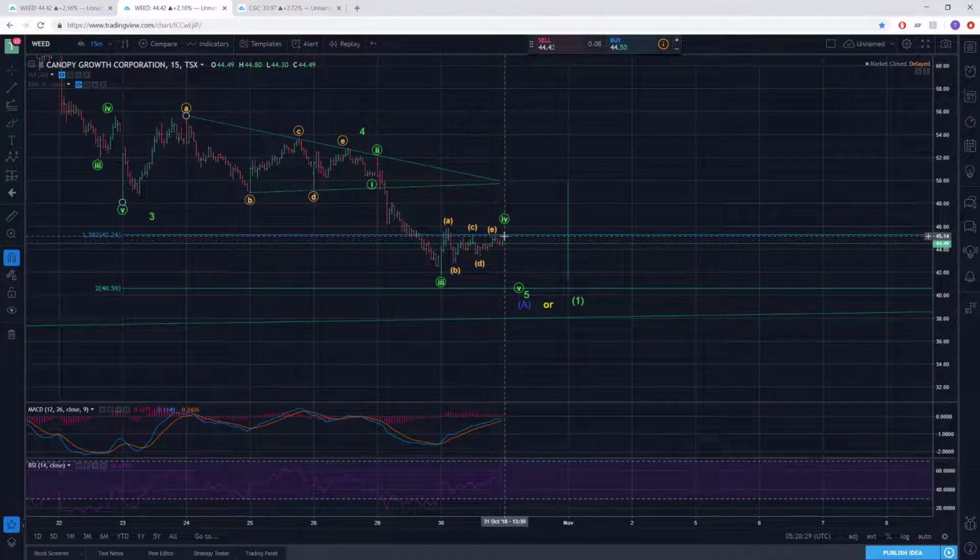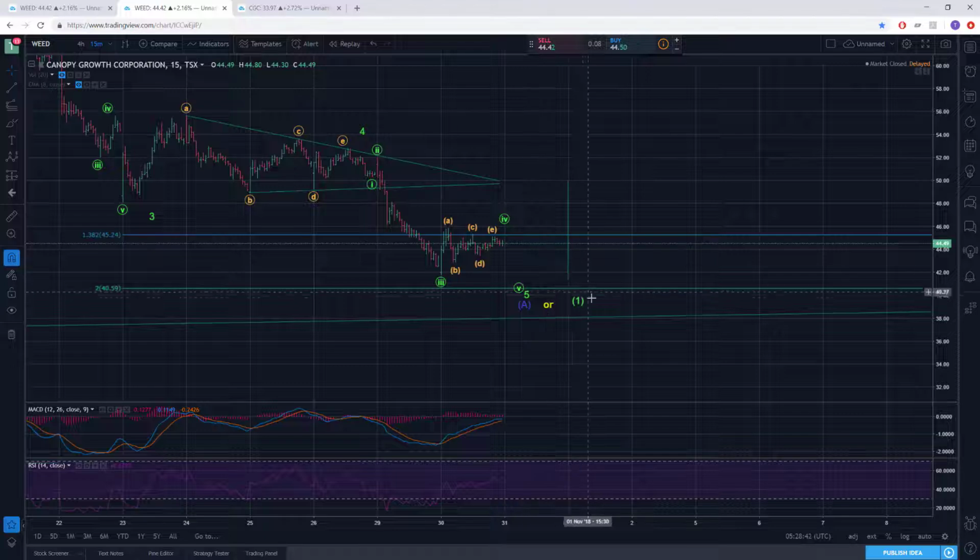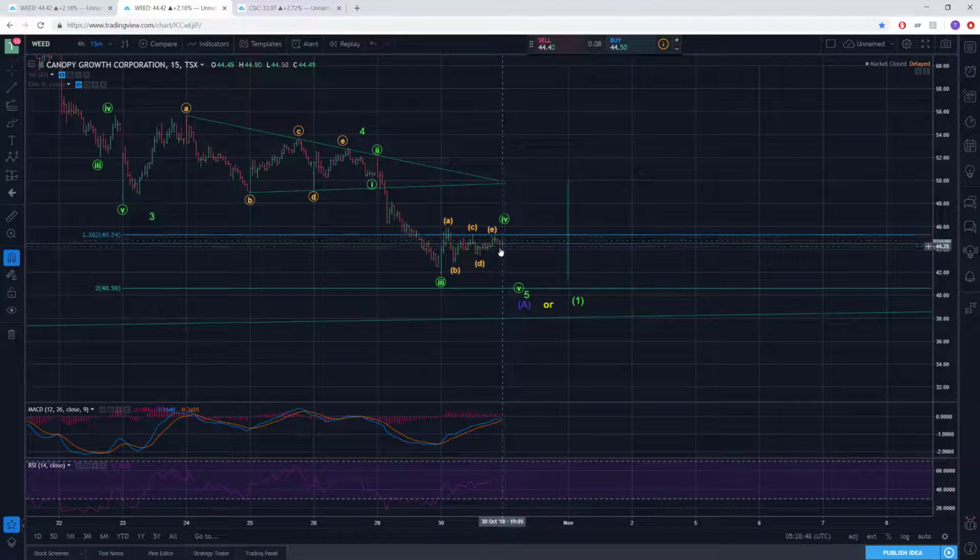If I was just guessing, which is all this would be, I would guess that we're just going to break down and get this over with. But sometimes the triangle has a different plan, and it goes up like this and then comes down, and the triangle is just part of an overall ABC up, and the triangle is just the B wave. But for now, I'll label it like this because it looks quite good.